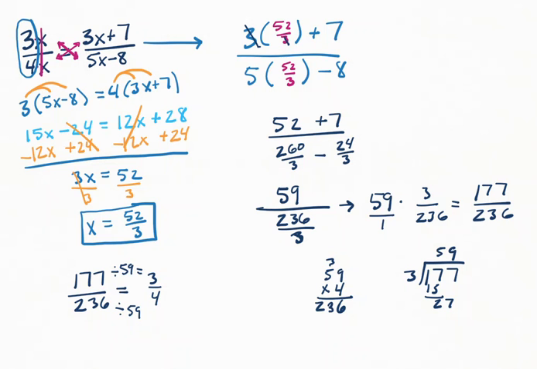So 4 times 59 equals 236, so therefore 236 divided by 59 equals 4. So even though this is a really big, ugly fraction, you can see that it can be reduced by dividing the top and bottom by 59 down to 3/4. Therefore, it equals this other ratio here, 3/4.